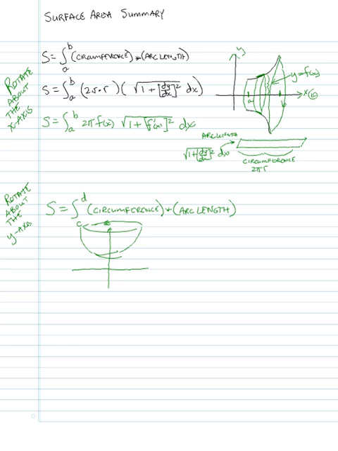So I want to know the surface area of that shape. I've got the same idea here: if I look at a representative piece of this curve, by the way, this is down here at C, so that's a y value, and this is up here at D, so that's a y value, rather than the A and B we had up here. So C is here, and D is up here someplace, representing the y values of the limits of that curve.